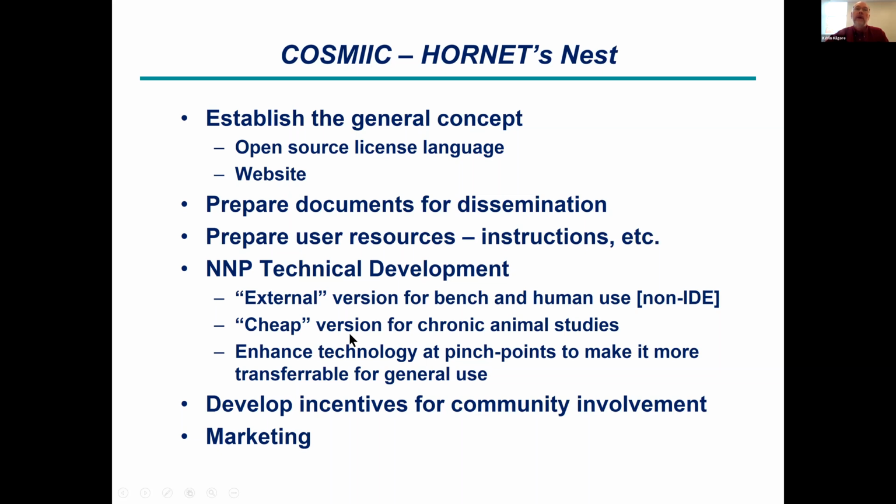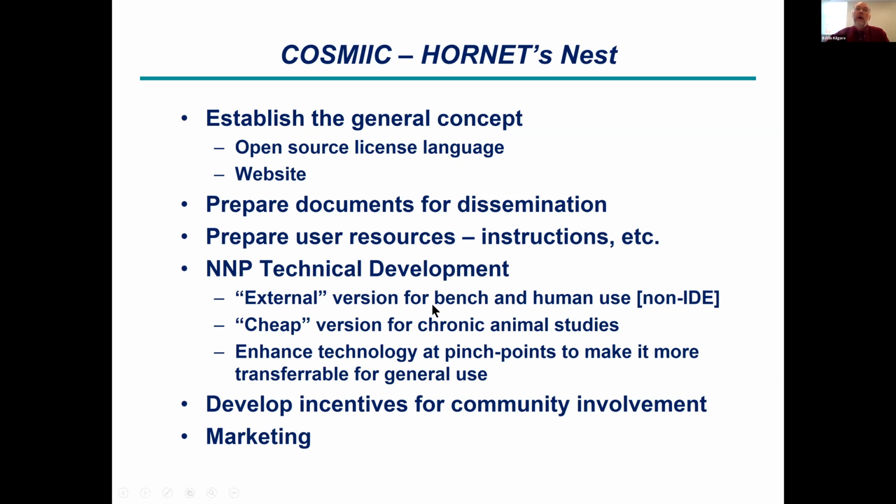And so we would be creating, I'll just call it a cheap, maybe that's not the right word, but an inexpensive version for chronic animal studies. So for example, a lot of the cost of the NNP system for human use is due to the enclosures, the packaging, the titanium enclosure, the headers, the connectors.